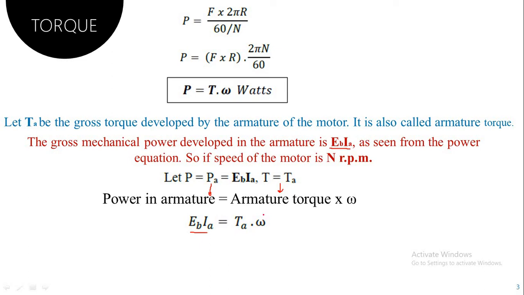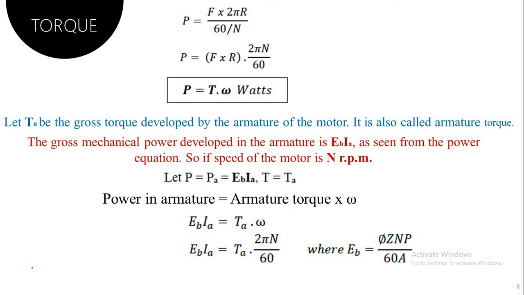The next step is to substitute the value of omega, which is 2 pi N by 60. So EB into IA equals TA into 2 pi N by 60. Once you substitute the value of omega, next I'm going to substitute the value of EB, the back EMF, which is given by phi Z N P by 60A.